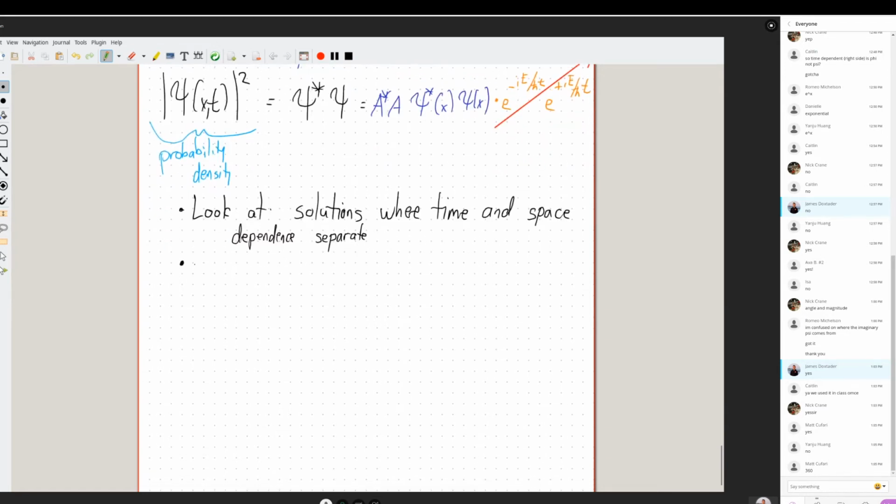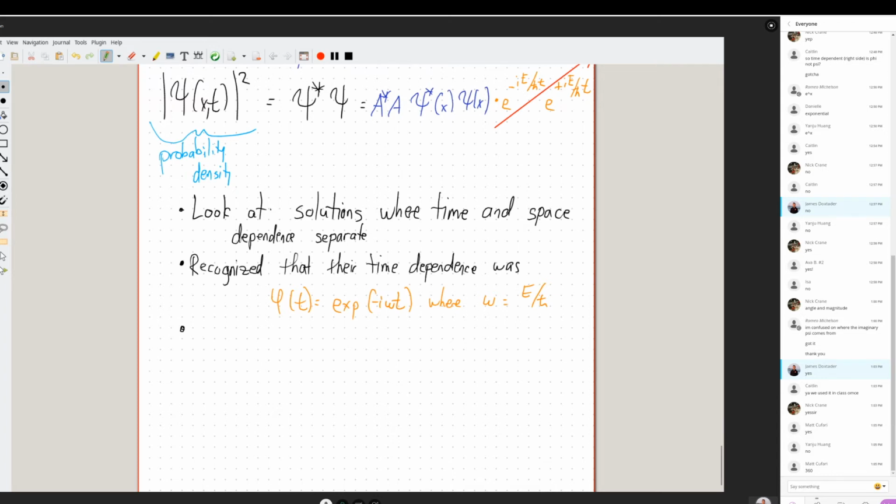We recognized that their time dependence was phi of t equals e to the i omega t, where omega was just the energy over h bar.